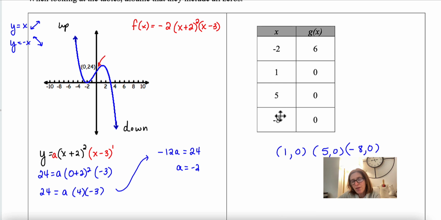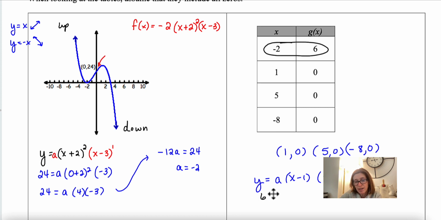There's no way for me to know what's actually happening at those x-intercepts, so I'm going to assume that they have a degree 1. So I would write this as (x minus 1)(x minus 5)(x plus 8). We're going to assume 1, and we're going to give our a term.